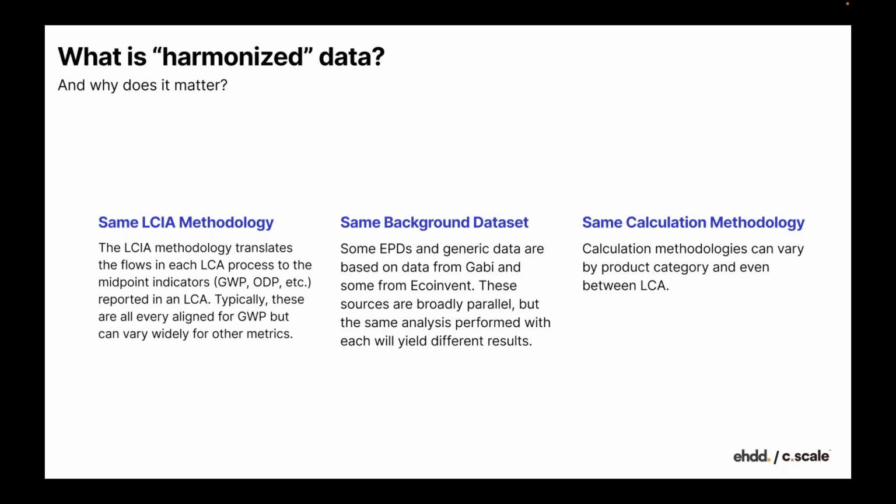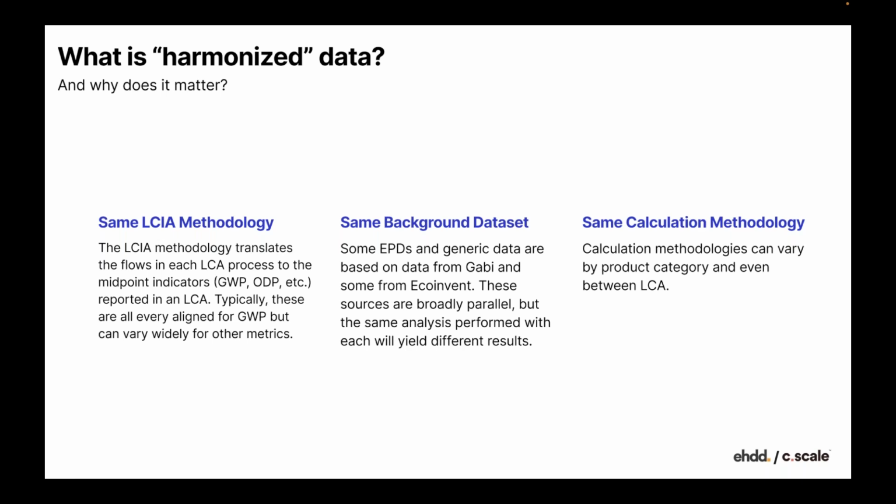And finally, harmonized data ideally has the same calculation methodology, but as it stands now, sometimes we'll see different calculation methodologies in different product category rules or across LCAs in practice. This is things like the assumptions made around recycling or around construction activities, maintenance over time, or, when industrial processes have more than one output, the way impacts are allocated to each of those outputs.